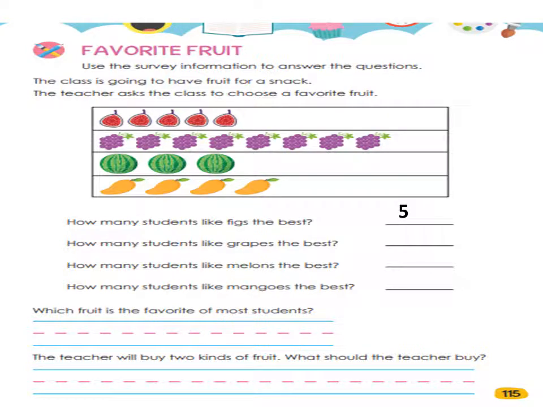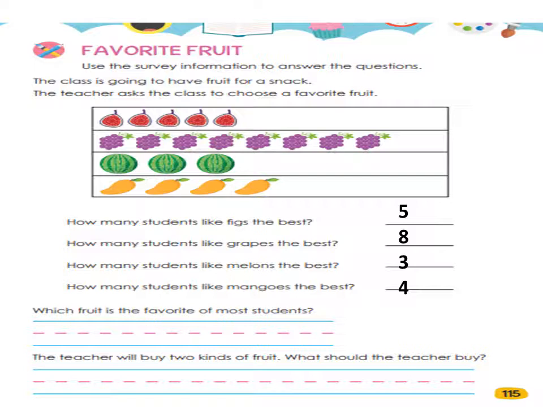How many students like grapes the best? 1, 2, 3, 4, 5, 6, 7, and 8. 8 students like grapes. How many students like melons? 3. How many students like mangoes? 4. Excellent. So now we have numbers in front of us.